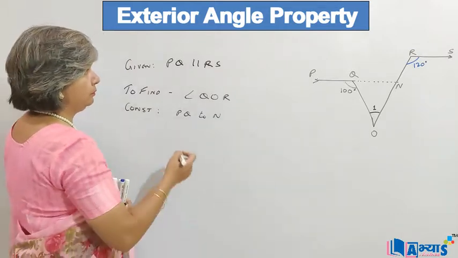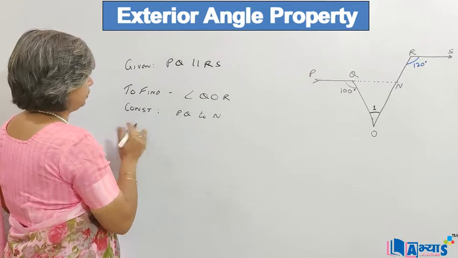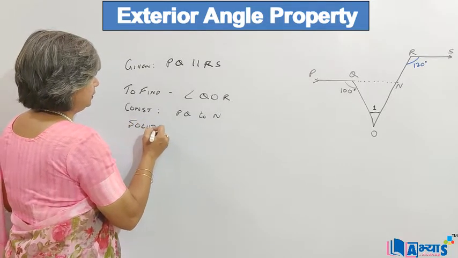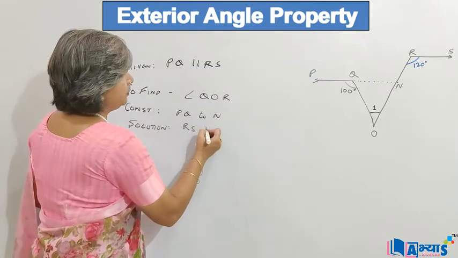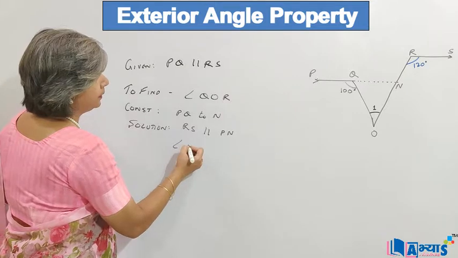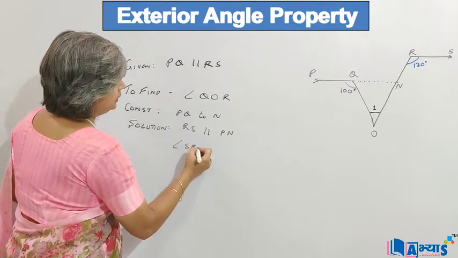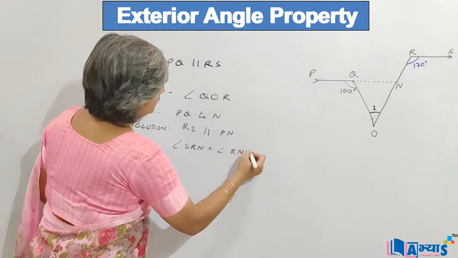Now the solution will follow as, RS is parallel to PN, so angle SRN is equal to angle RNQ.